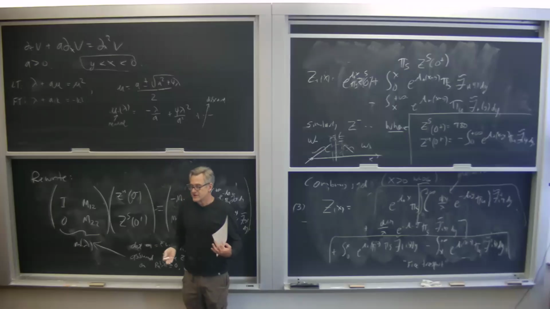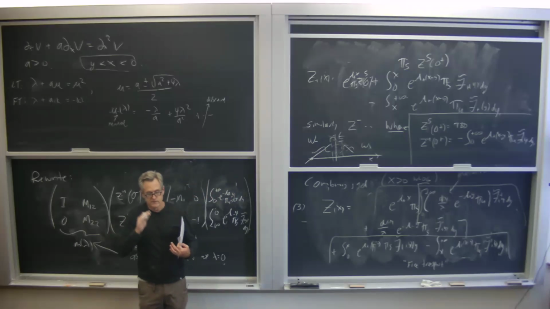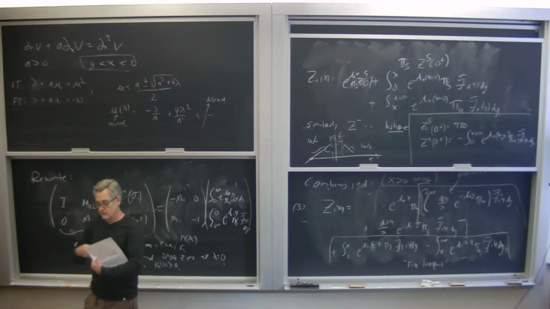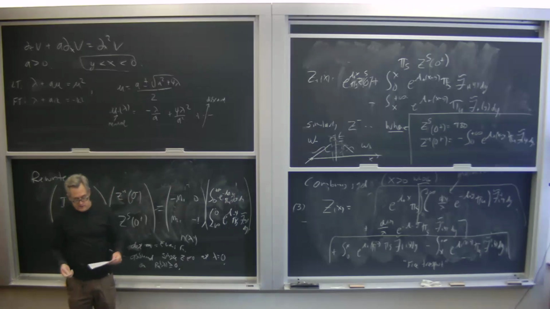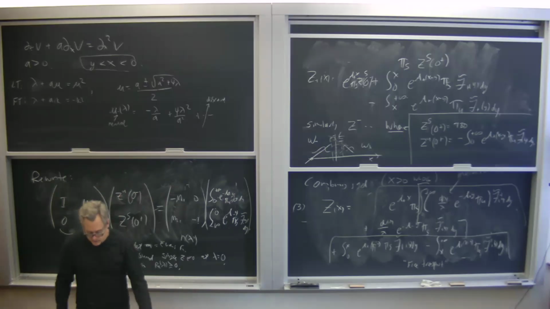If you just differentiate with x, you'll see the same thing. It's just, does the derivative fall on the heat kernel or does it fall on the conjugator? If it falls on the conjugator, you get an additional exponential decay. If it falls on the heat kernel, you get additional temporal decay. So that's something to keep in mind, and that we're going to put in the final estimates.